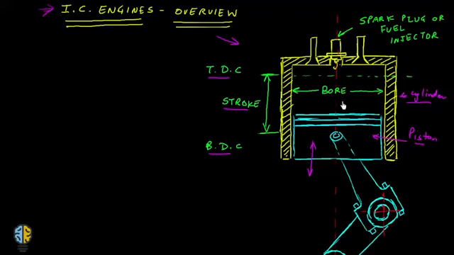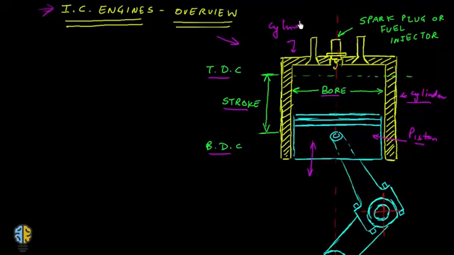Now the cylinder is circular in its cross section, so it has a diameter, and the diameter of the cylinder is called the bore. Now there are two valves on top. This top is called the cylinder head.